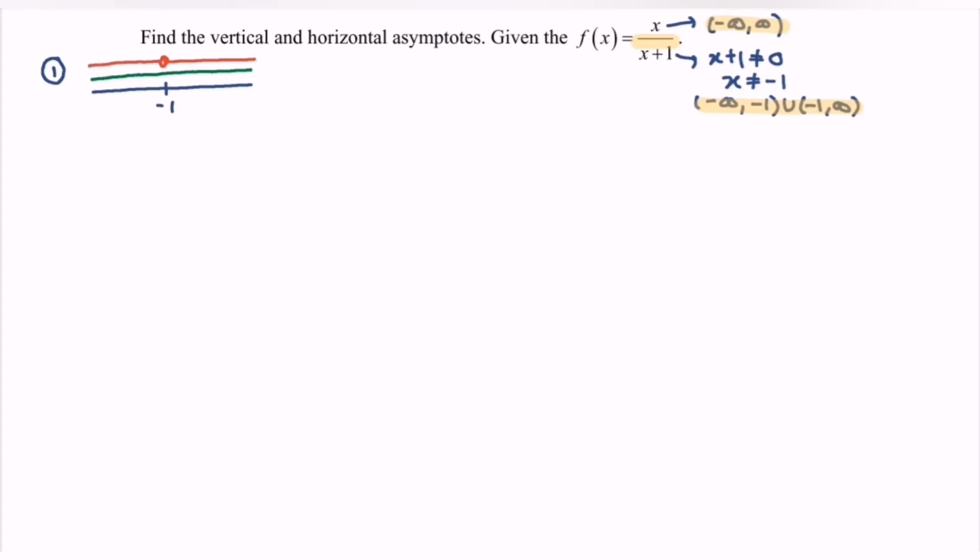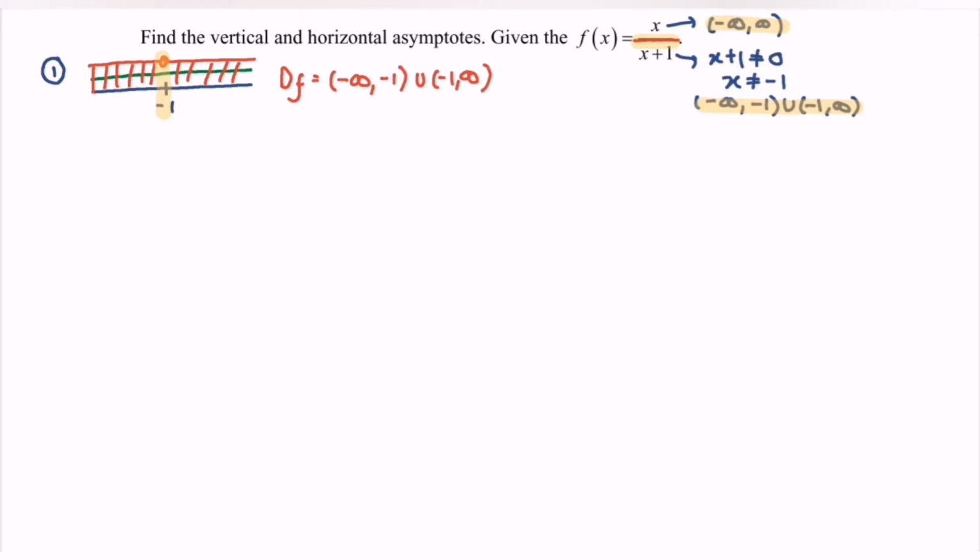For the operation, it is intersection. So the domain for f is negative infinity until negative 1 union negative 1 until infinity, where we note that negative 1 is not included.